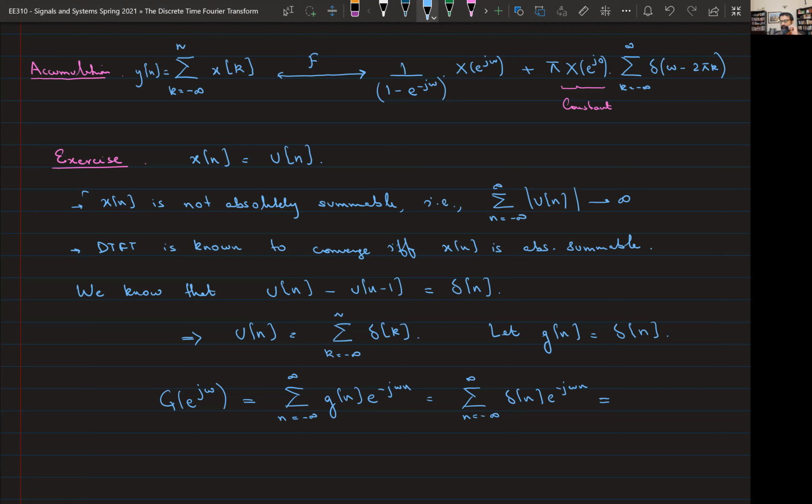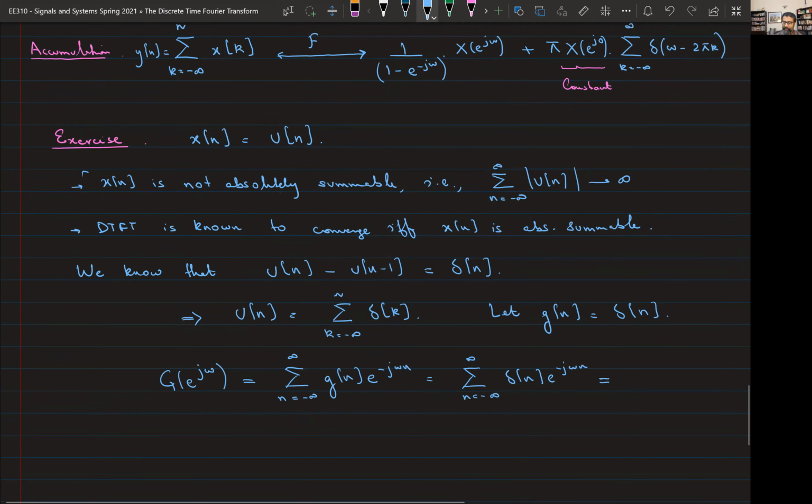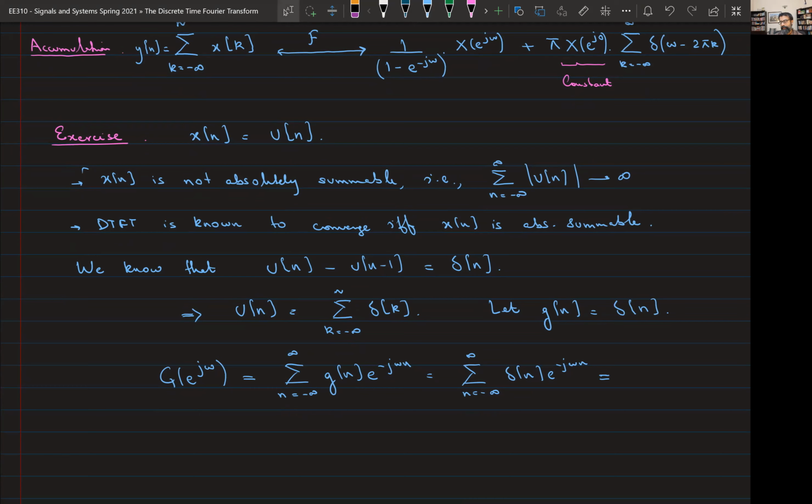So this comes about from the sampling property of the delta function, from about two lectures ago. This function is non-zero only when n equals 0, and is 0 everywhere else. So even though the summation has infinitely many terms, only one of them is non-zero, the term corresponding to n equals 0.